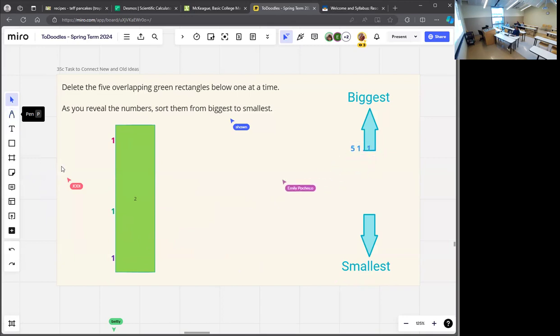And we didn't need to know what it was. Is it 500? Is it 50? Is it 5? It was the biggest because the 5 was sticking out. Everyone okay with that? Okay, now delete 2, the second green rectangle.